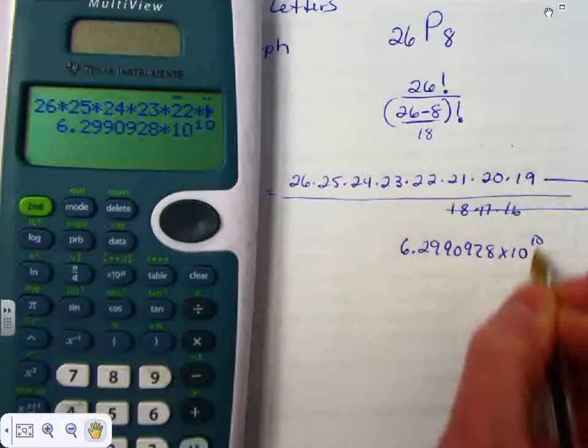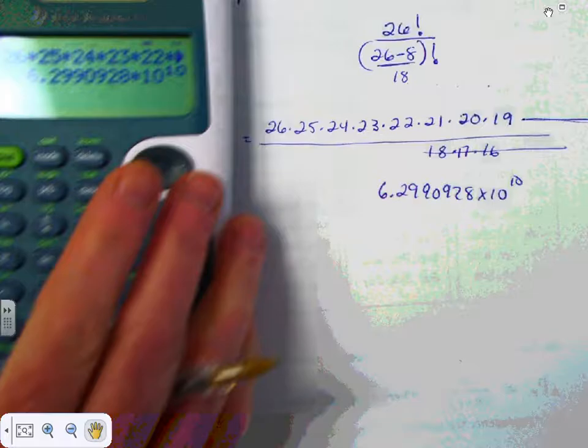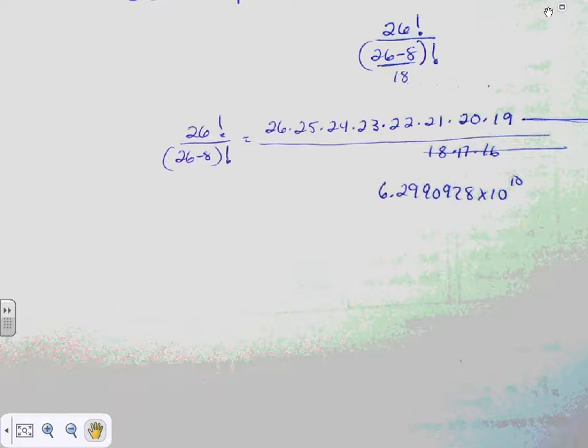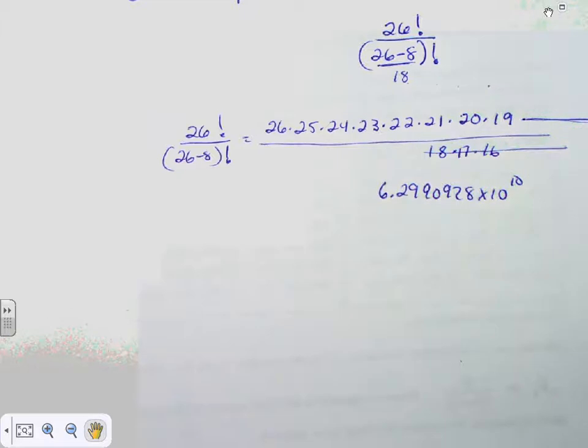That's a couple of choices, right? That would be your answer. Because you have no bottom. We have no denominator, so you're finished.